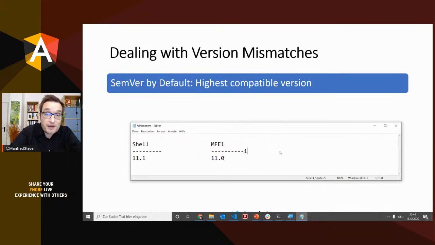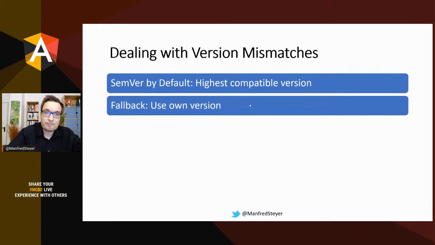But let's assume there is not a thing like the one and only highest compatible version. Let's say here we have 10 and there we have 11. By definition, 10 and 11 are not compatible to each other because we have two different major versions. And so the fallback is that everyone uses its own version.